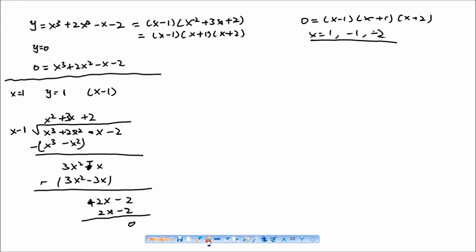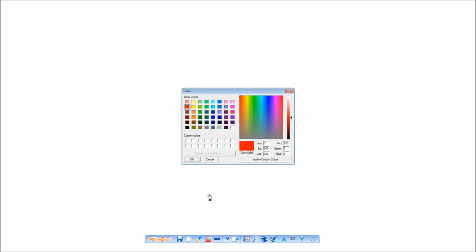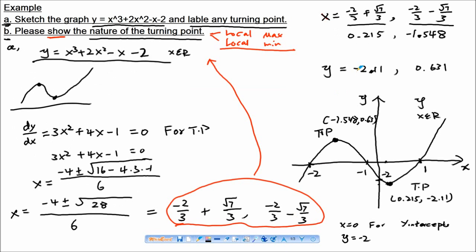Now I'm going to show you how to do it. So we have two turning points. One is at minus 1.548 and 0.3.